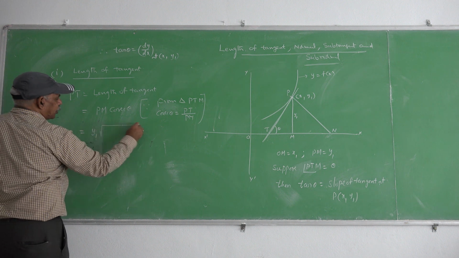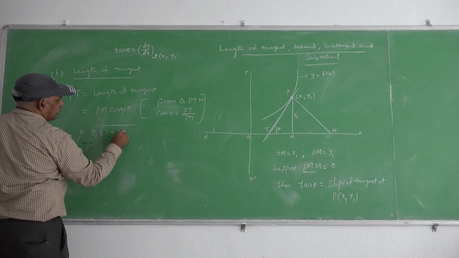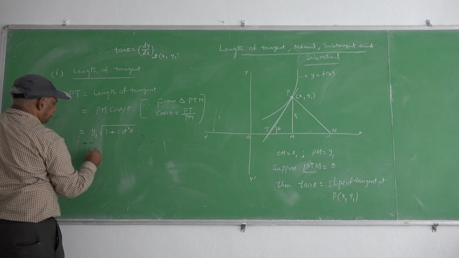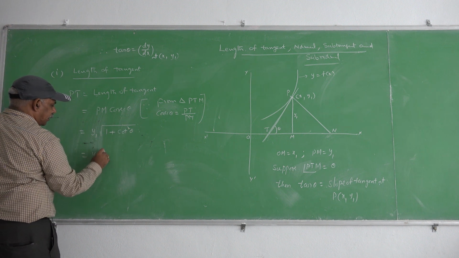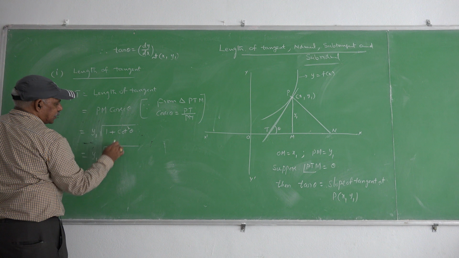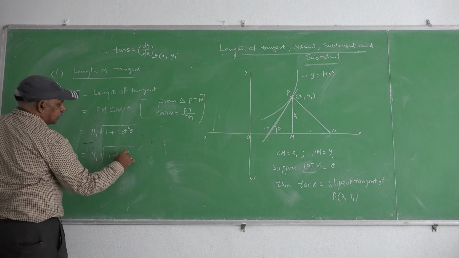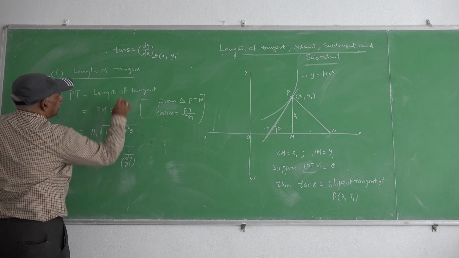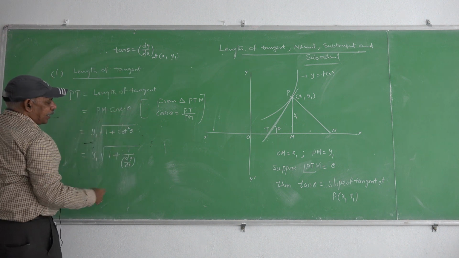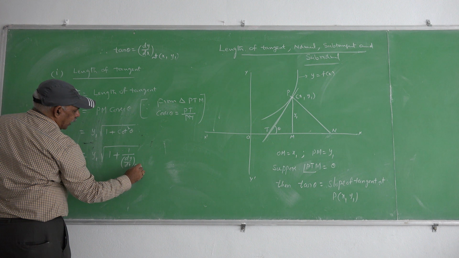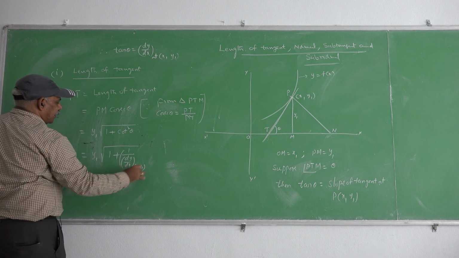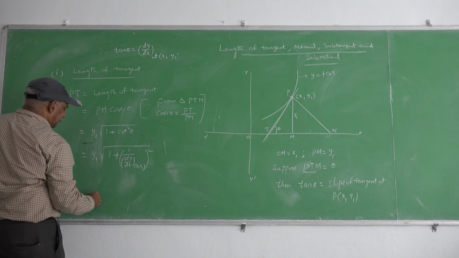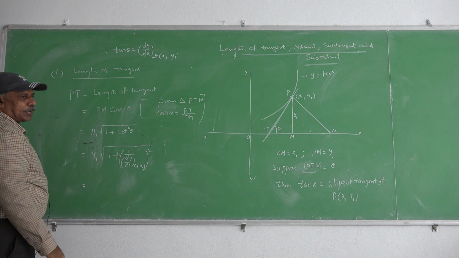Cosec theta in terms of cot is the square root of 1 plus cot square theta. Hence y1 into the square root of 1 plus cot square theta, where cot theta is 1 by dy by dx, because tan theta is dy by dx at (x1, y1). The square of this one.